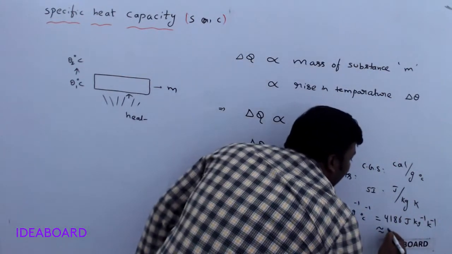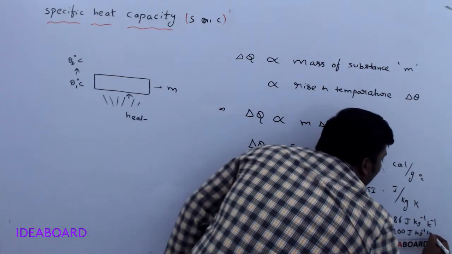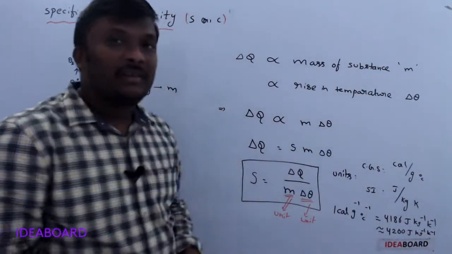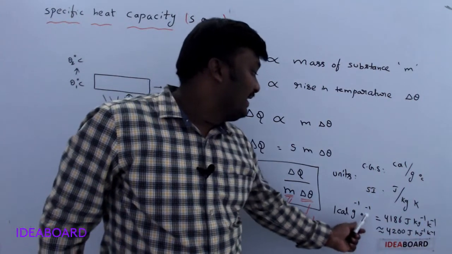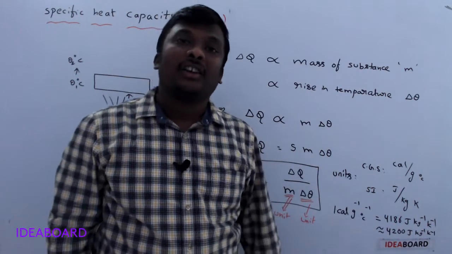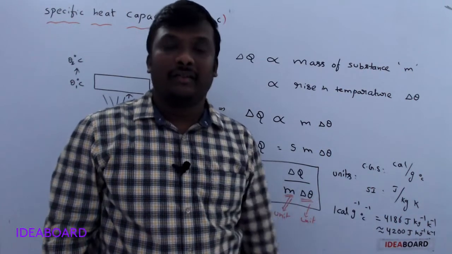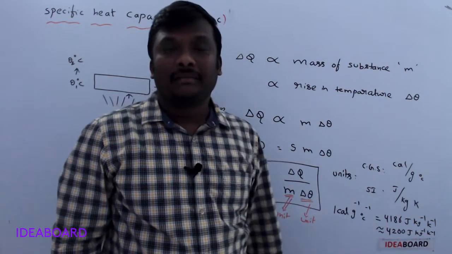It is nearly written as 4200 joule kg inverse Kelvin inverse. So anywhere, if they say calorie gram inverse degree Celsius inverse, its value is nearly 4200 joule kg inverse Kelvin inverse. For numerical purposes, you should remember this.